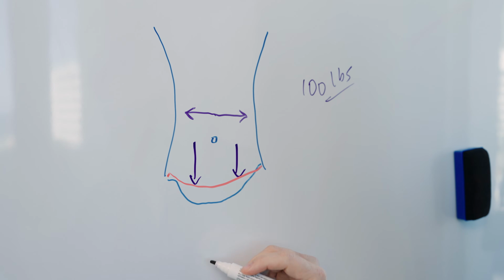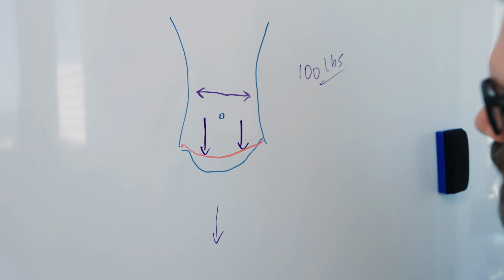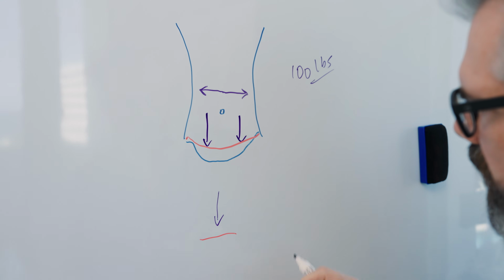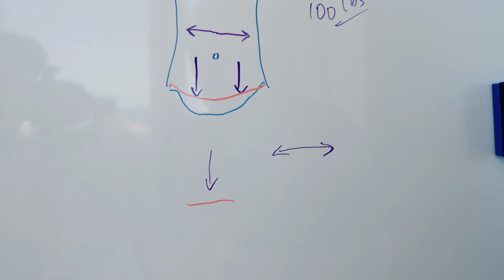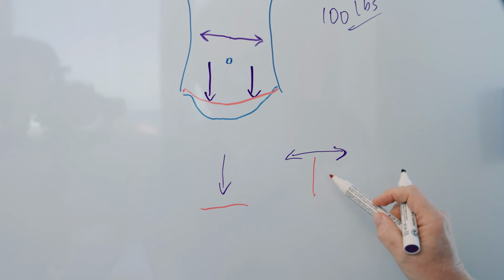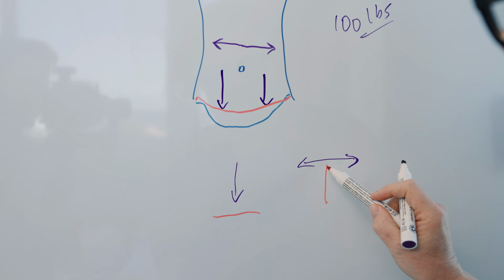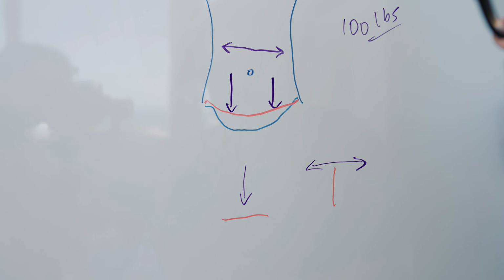So here, the extra skin is in this direction, and we make the incision this way. But if you have extra skin this way, then you have to make the incision this way. So we're always making our incisions perpendicular to the excess skin.